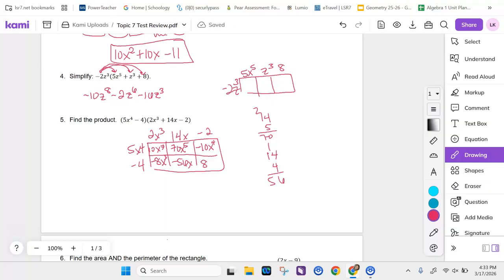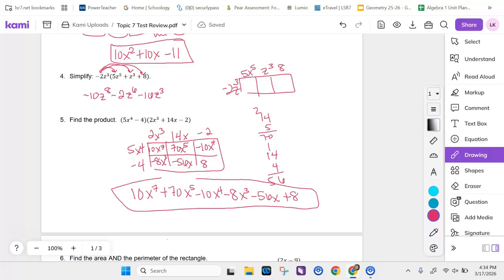So I just write this in standard form. I'm going to have 10x to the 7th plus 70x to the 5th minus 10x to the 4th minus 8x cubed minus 56x plus 8. There's nothing I can combine, so that would be your final answer.